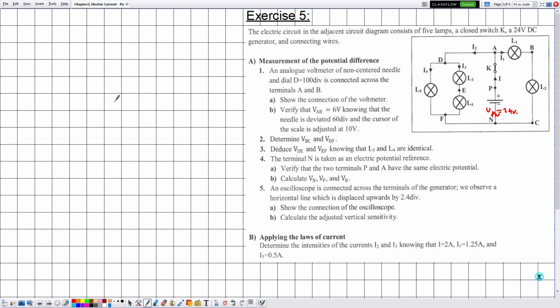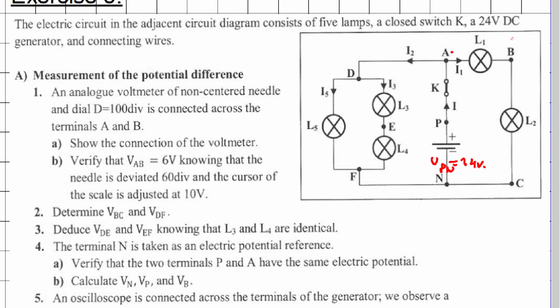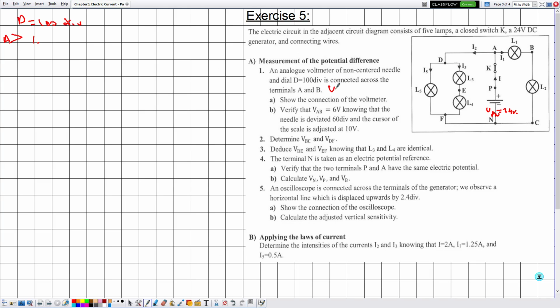Now in part A, they are telling me measurement of the potential difference. Part 1, an analog voltmeter of non-centered needle and dial D is equal to 100 divisions is connected across the terminals A and B. So the voltmeter is measuring the voltage UAB. Show the connections of the voltmeter, and here let me repeat, they didn't mention anything about the negative or the positive pole.